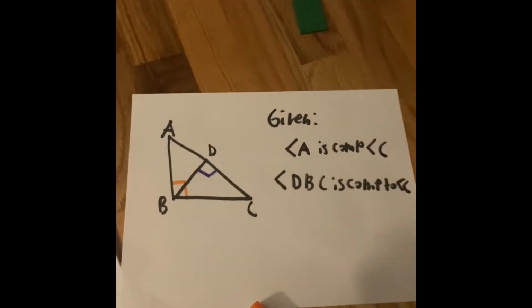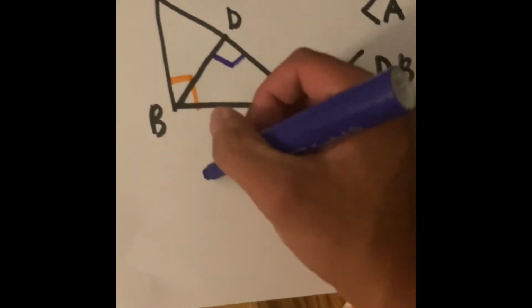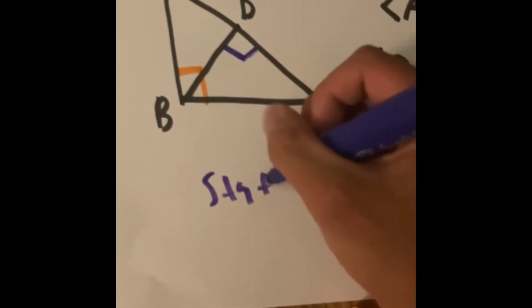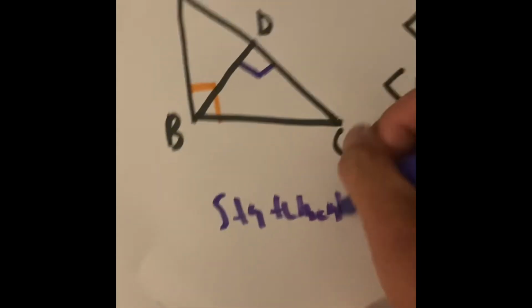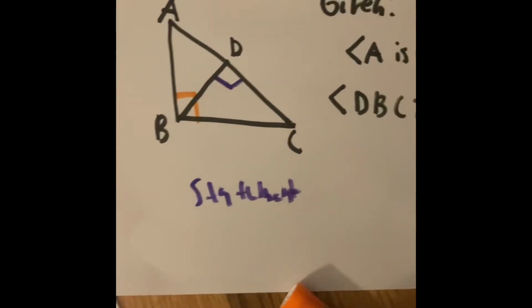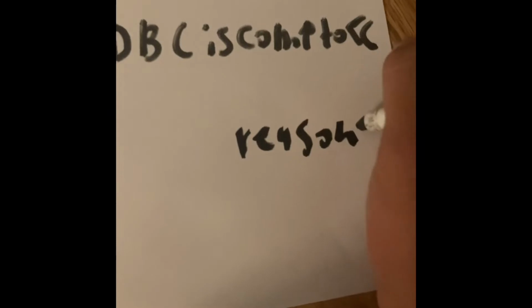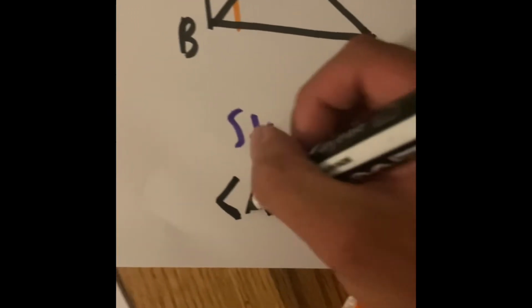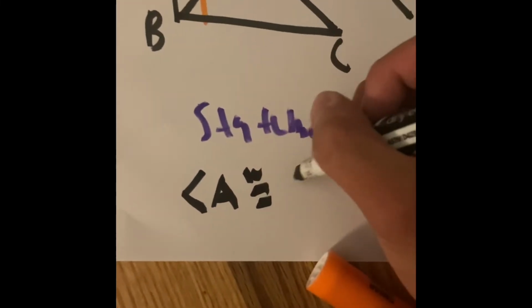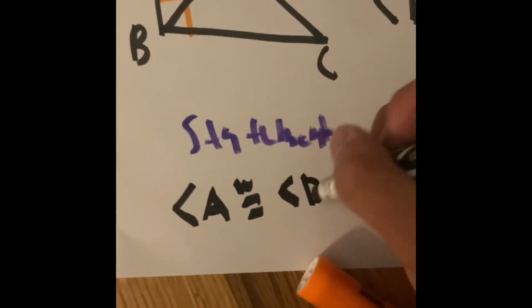Now we're going to have a statement, and we're also going to have a reason. Our statement is angle A is congruent with angle DBC.